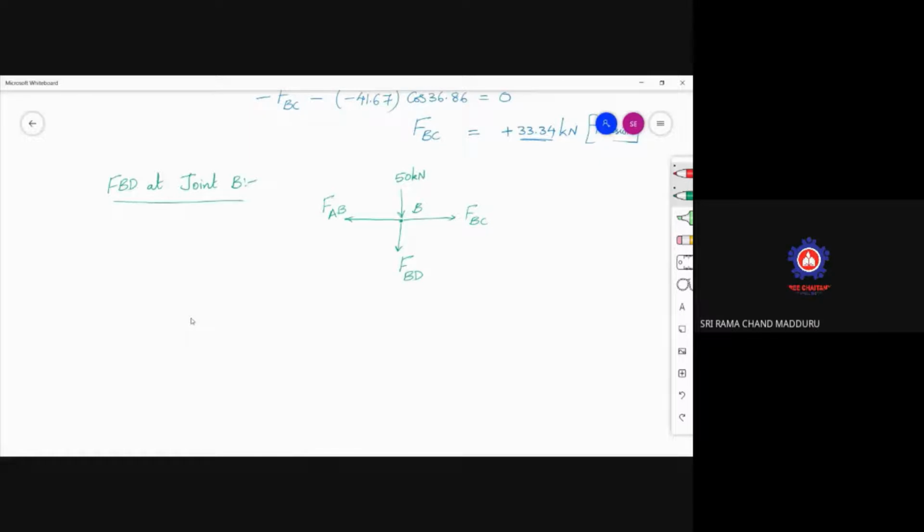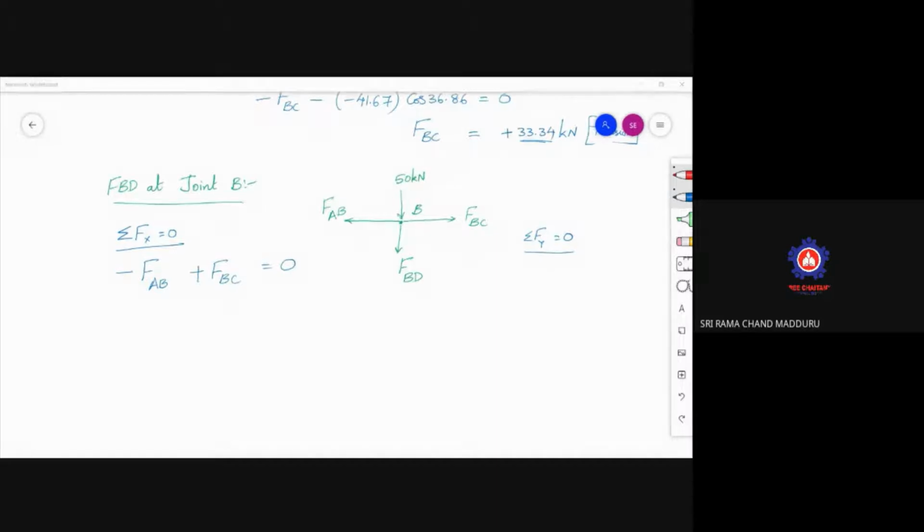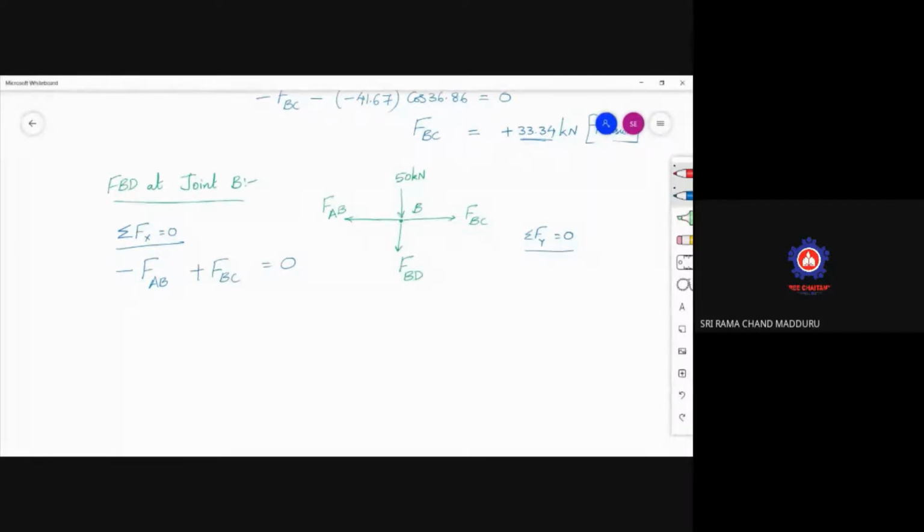So at a joint, how many equations of equilibrium are available? Two equations of equilibrium are available. One is sigma Fx equal to 0. Second one is sigma Fy equal to 0. Sigma Fx equal to 0. So what does it mean? This is going in the negative direction, minus FAB, and it is going to the right, plus FBC. Minus FAB plus FBC is equal to 0.